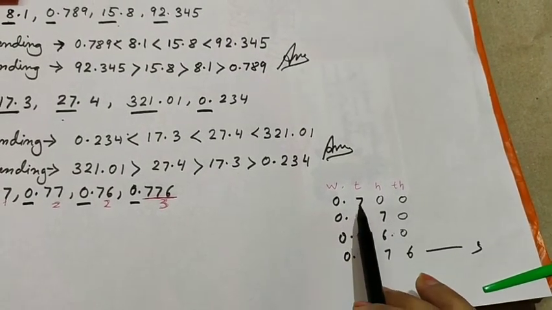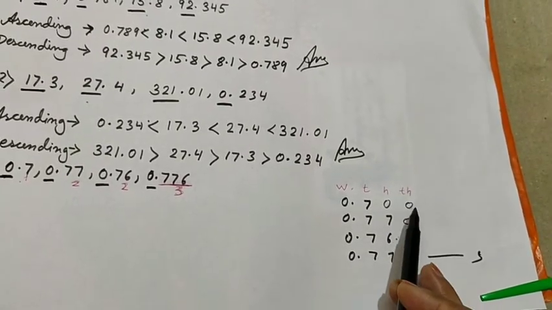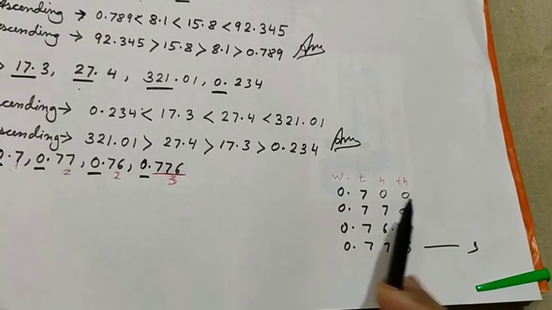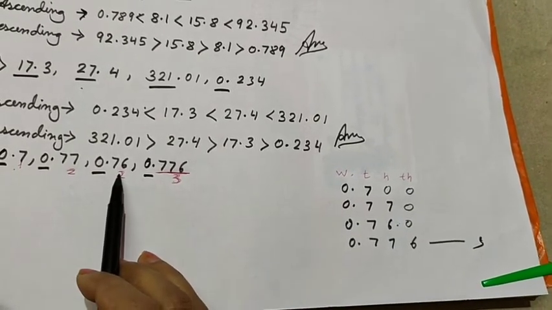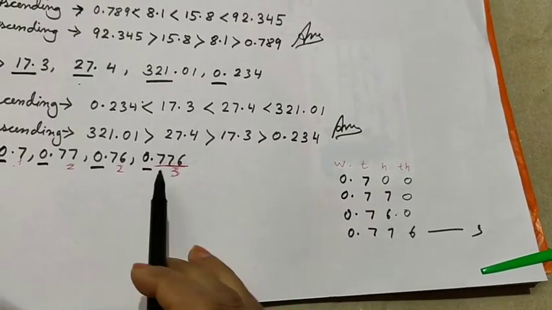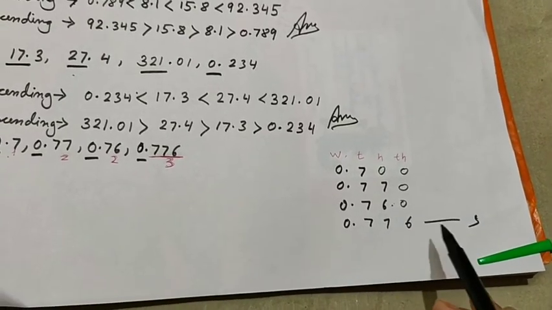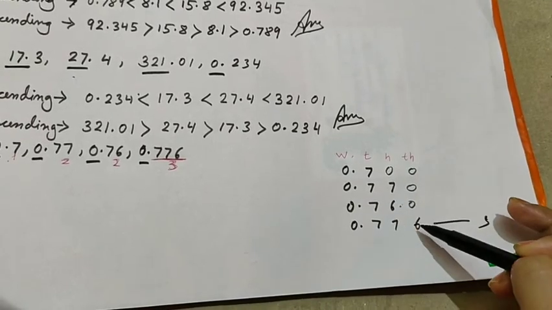Here it was 1 decimal place, so we added 2 zeros to make it 3 decimal places. Here it was 2 decimal places, we added 1 zero to make it 3 decimal places. Here also 2 decimal places, we added 1 zero, and it was already 3 decimal places, so it will remain as usual. Okay. So now we have converted all the unlike decimals to like decimals.